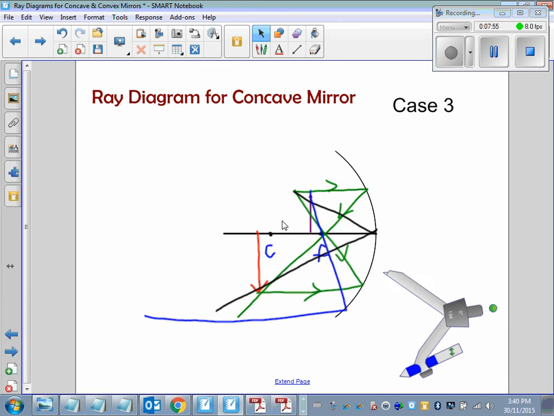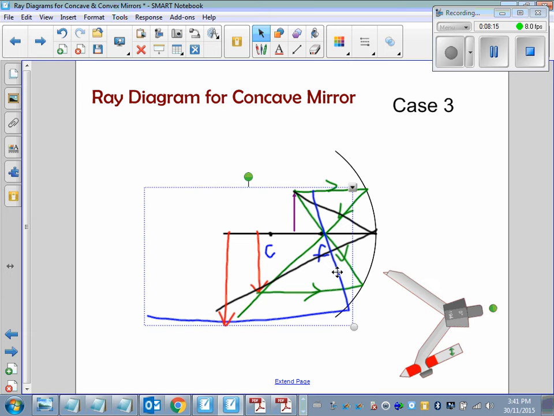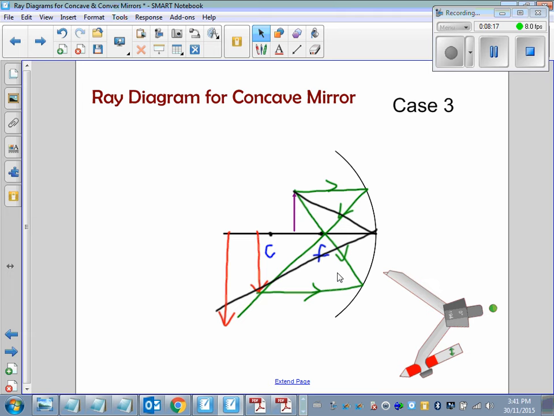The blue line and the green line, you can see that they're going to meet way out here. So the closer that you bring this purple arrow, the bigger that image is going to be. Let's just move the purple arrow back to where it was. I just wanted to show you guys that it would impact the size of the image.